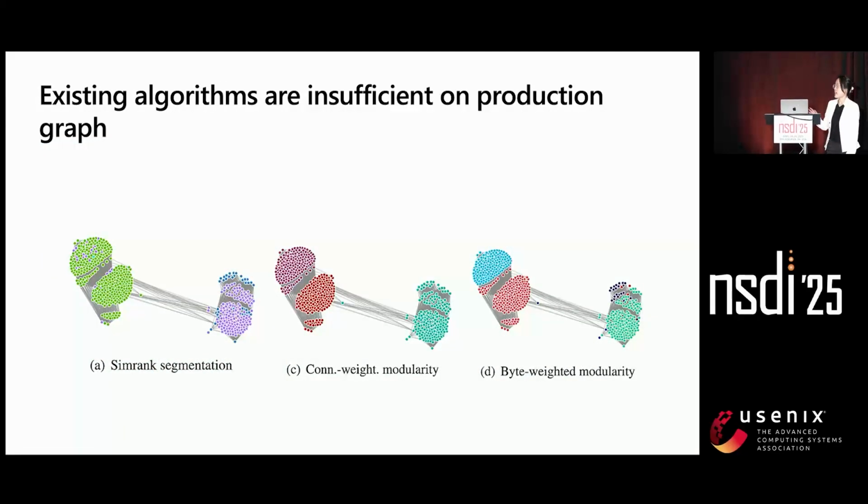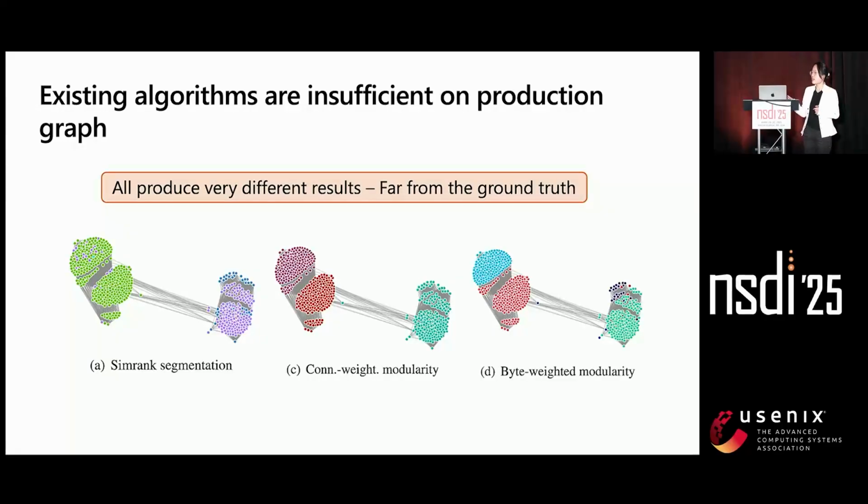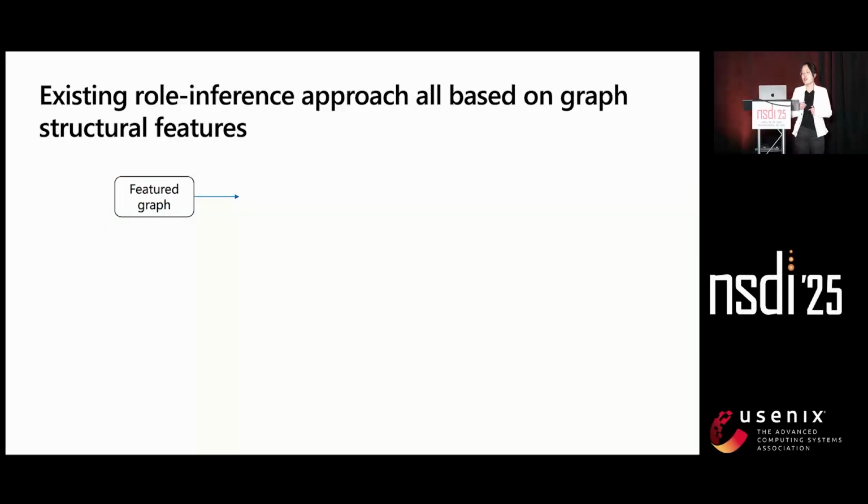We tested some existing role inference algorithms on our real production graph. You can see from the results here that they all produce different kinds of role inference results, and moreover, they are all far from the ground truth that we have. We find that existing role inference approaches are mostly based on structural features.